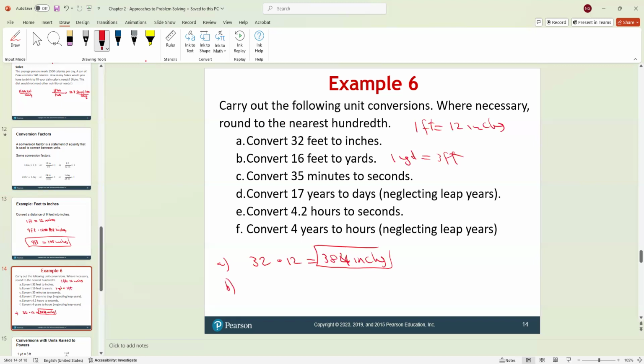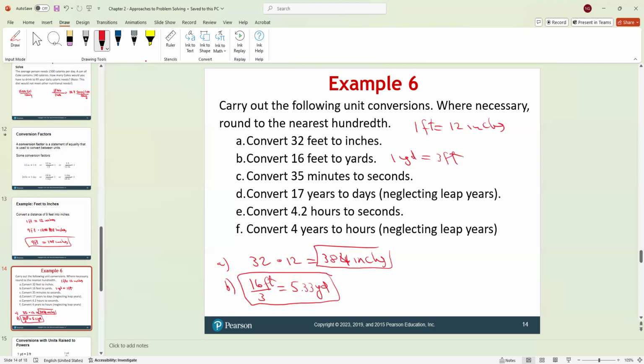So if we're looking at B and they ask you to convert 16 feet to yards, all you need to do is take your 16 feet and divide it by 3, and it's going to give you the number of yards. So 16 divided by 3 is 5.33 yards.